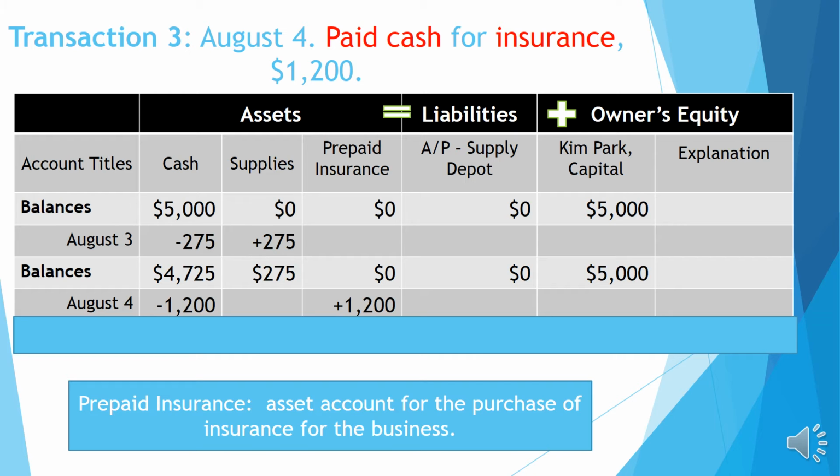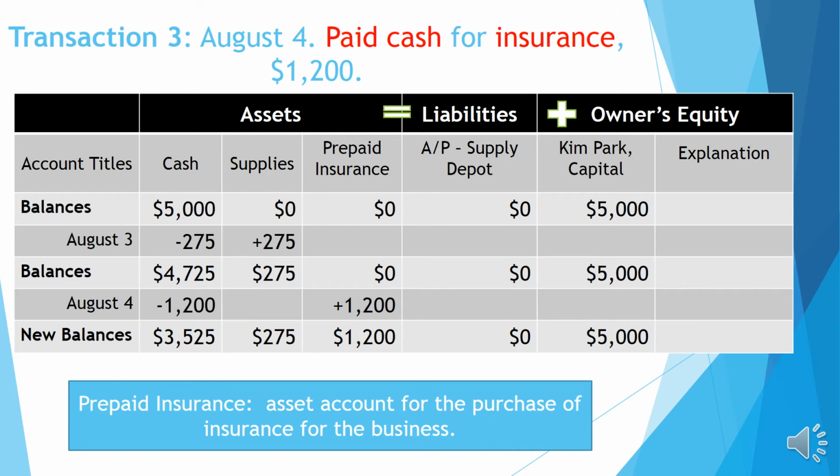Let's determine our new balances. The cash account new balance, $3,525. Supplies, $275. Prepaid insurance, $1,200. Accounts payable Supply Depot, 0. Kim Park Capital, $5,000.